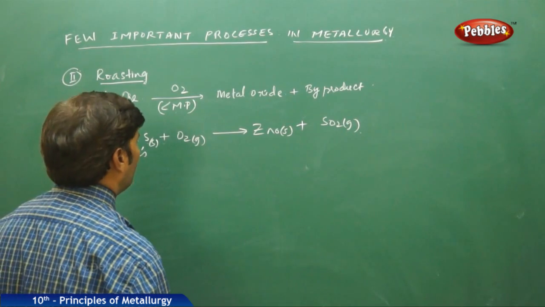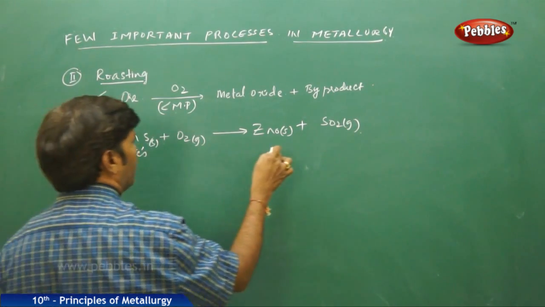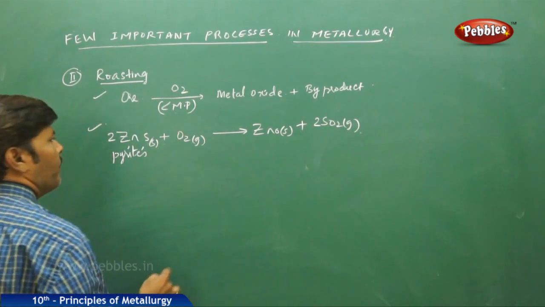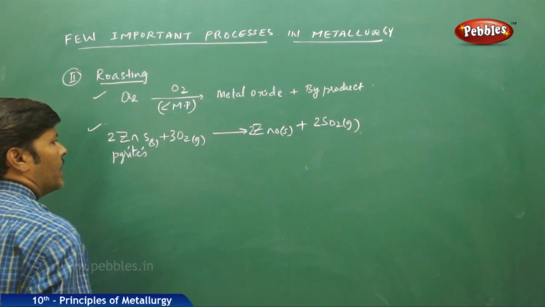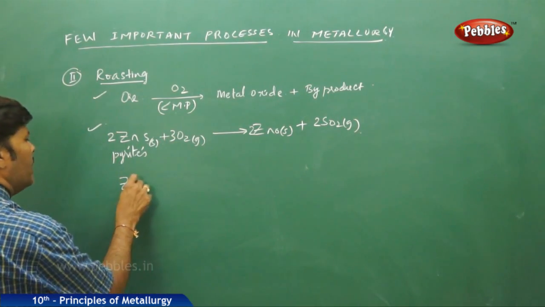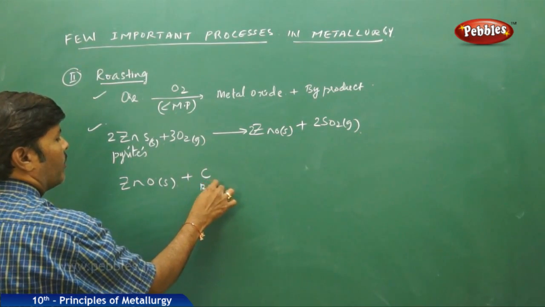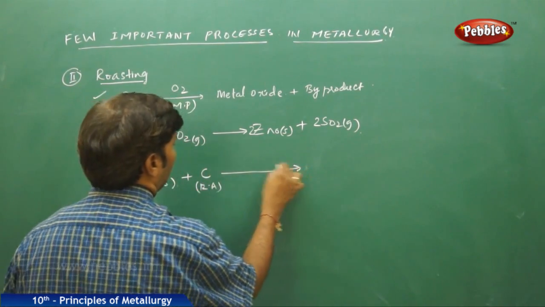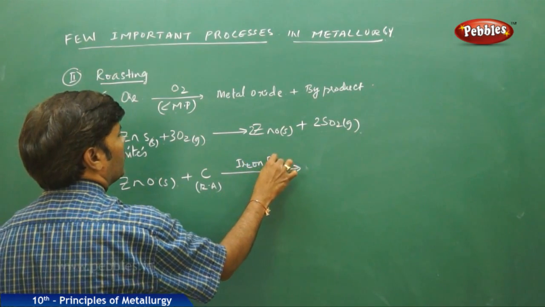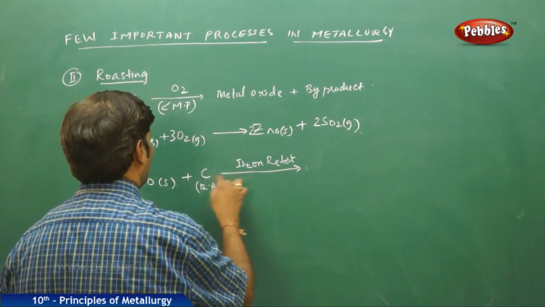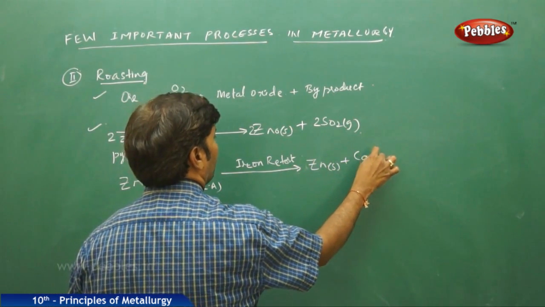So if you want to balance the equation, if I take 2 over here, and 2 over here, then the rest of the reaction automatically gets balanced. Take this zinc oxide solid, which we call zincite, and treat it with carbon acting as reducing agent in an iron retort. The zinc oxide gets converted to molten zinc plus carbon monoxide gas.